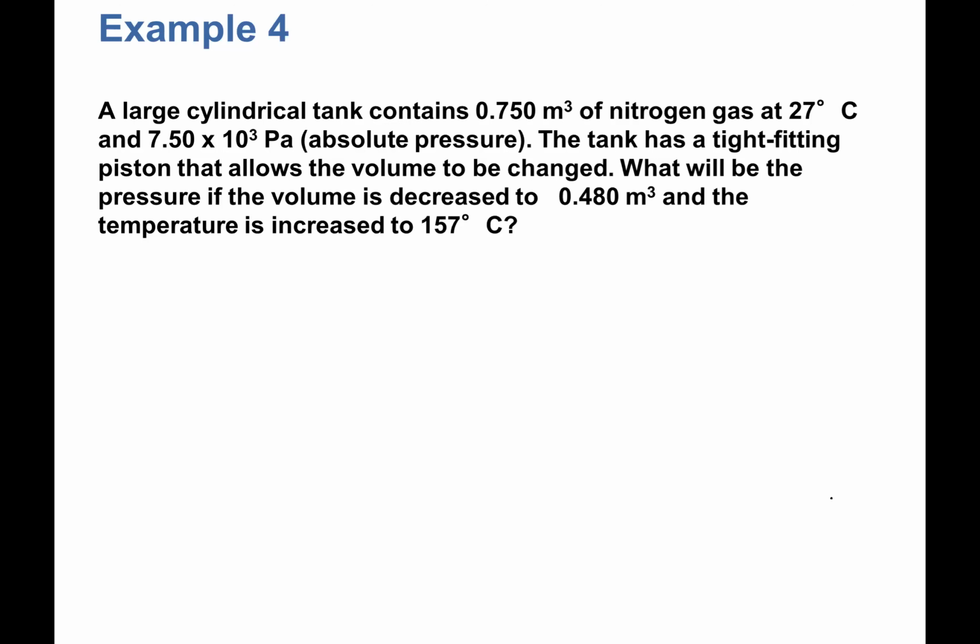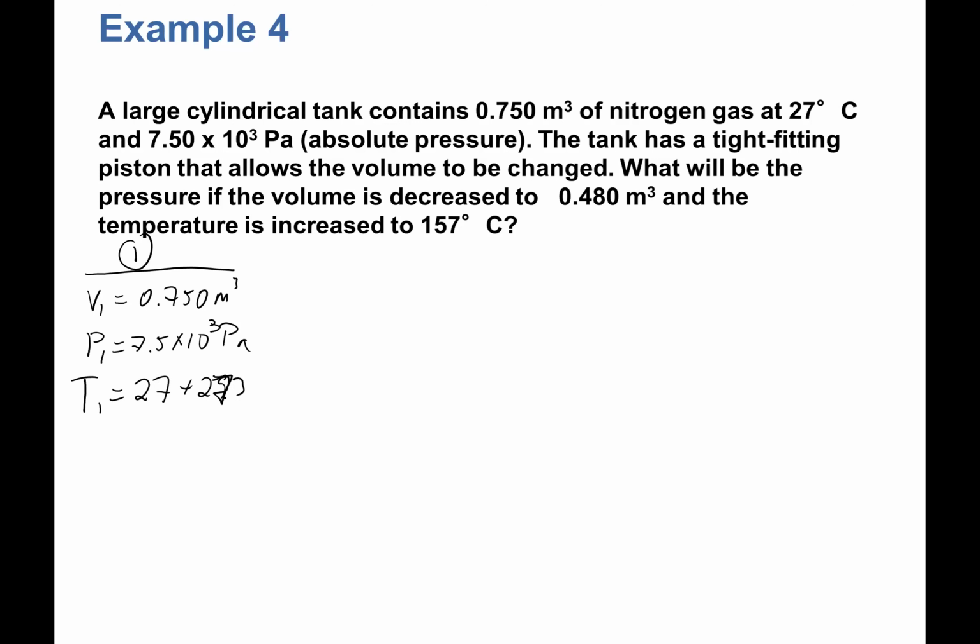So now what we have is two states, right? Here's the first one. We're given volume 1 to be 0.75 cubic meters, pressure 1 is 7.5 times 10 to the 3 Pascal, and temperature 1 is 27 plus 273 to put it in Kelvin, so this gives me 300 Kelvin.